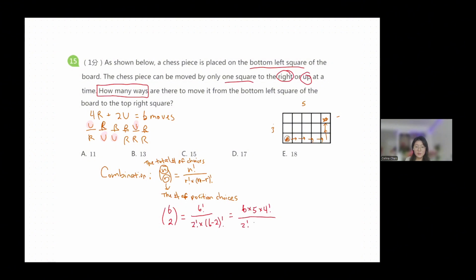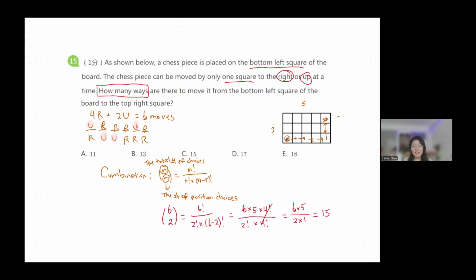That crosses out, and we should have 6 times 5 all over 2 times 1, which should equal 15. That's exactly what we got from the labeling method, right?